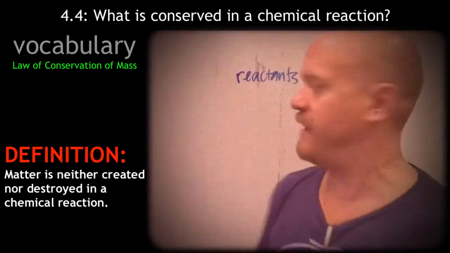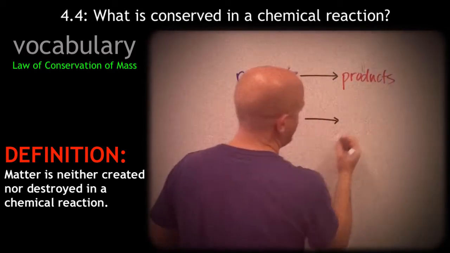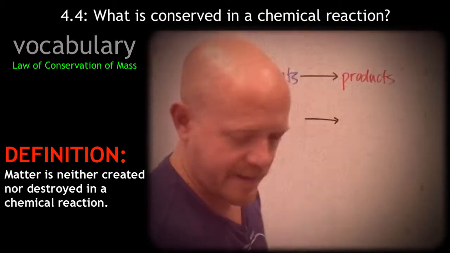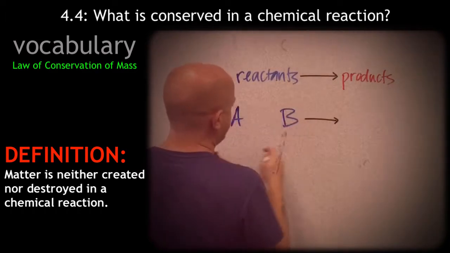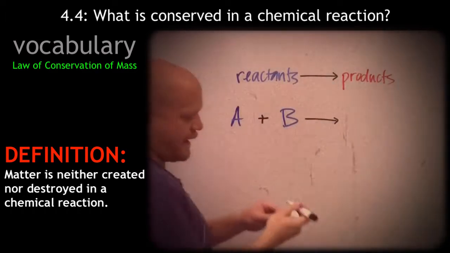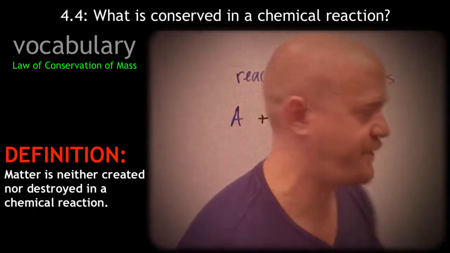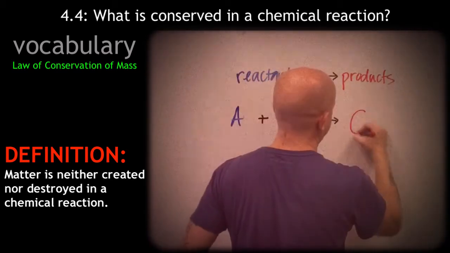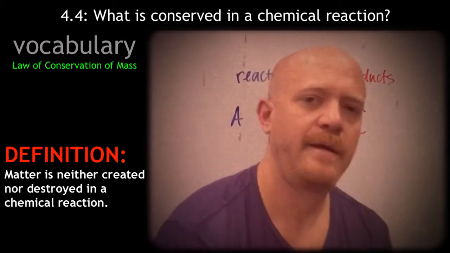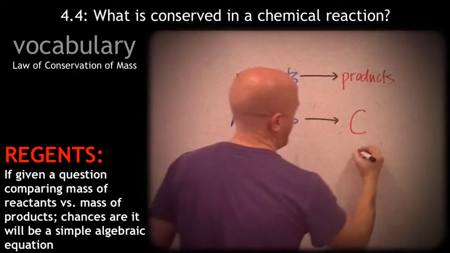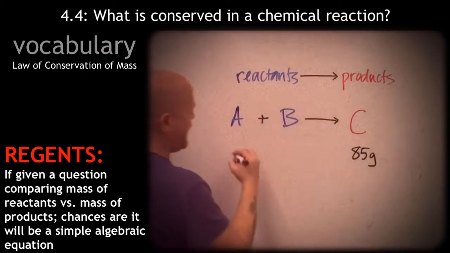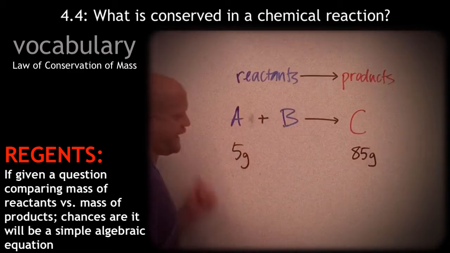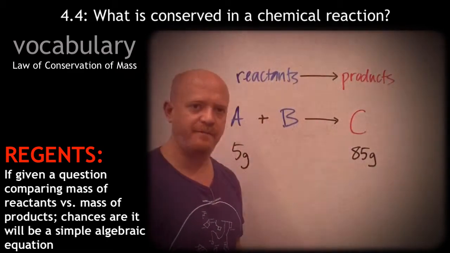So using an example, if I had A and B, and I'm going to be left with C. Let's just say I had 85 grams of C, and I had 5 grams of A. What is my mass of B?